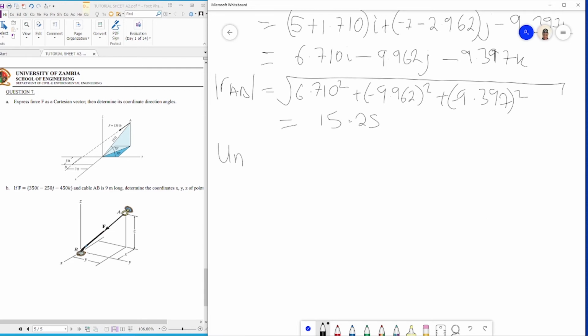The unit vector in the direction of AB is equal to, you just divide by the magnitude, so you have 0.44i minus 0.653j minus 0.616k.